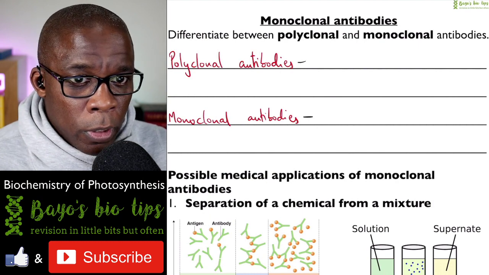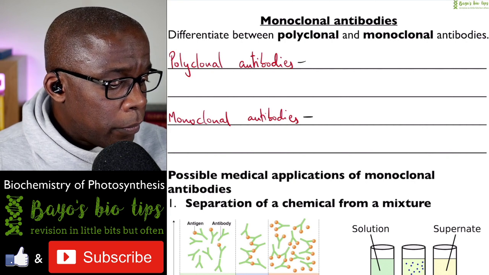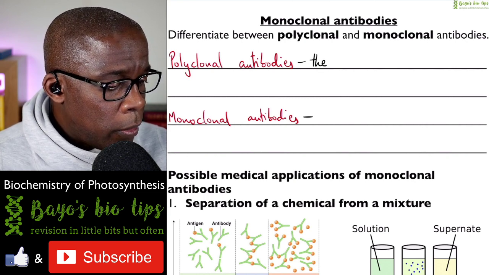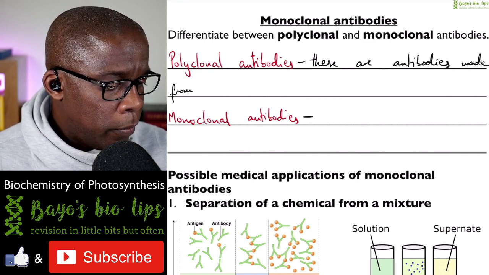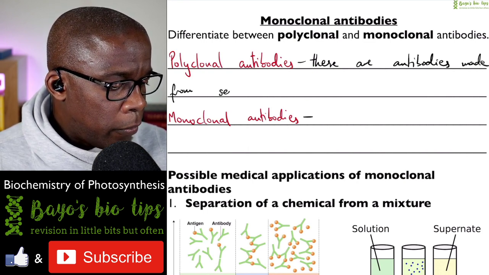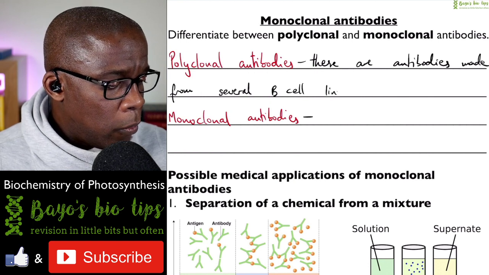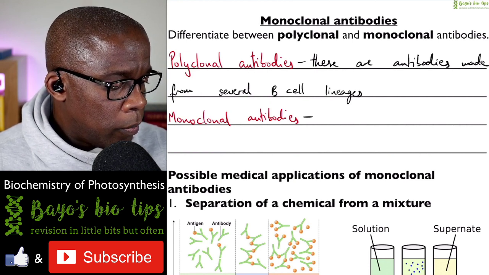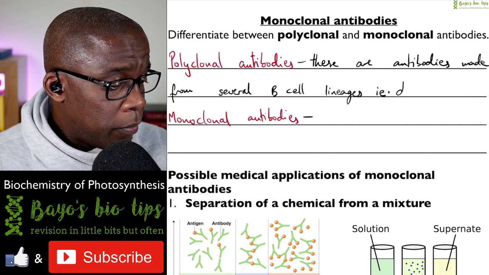So the first bit of the worksheet, we're looking at what monoclonal antibodies are. These are antibodies made from several B-cell lines or lineages. Basically, different B cells.